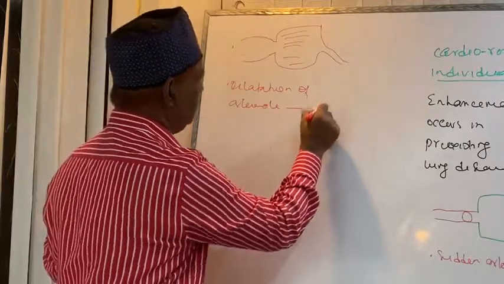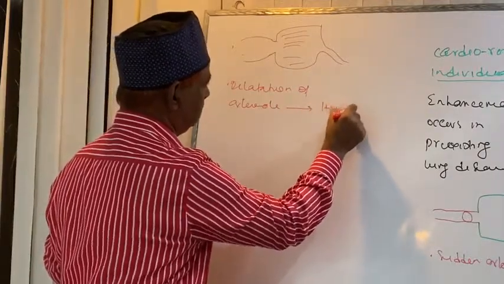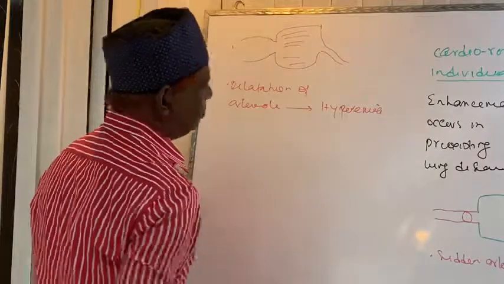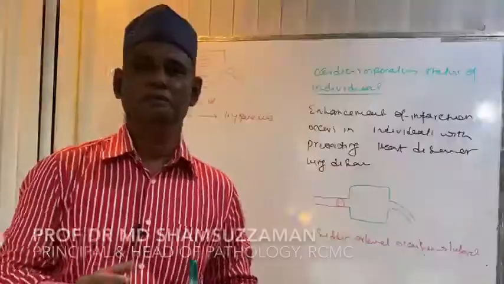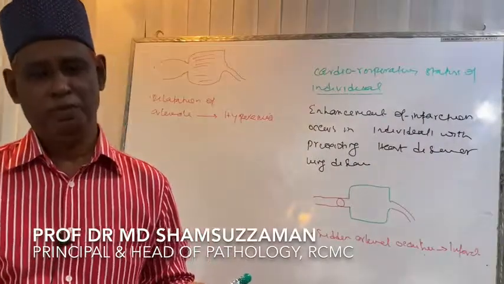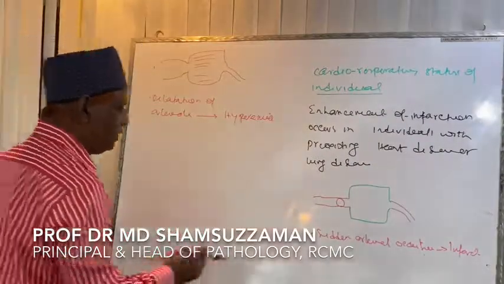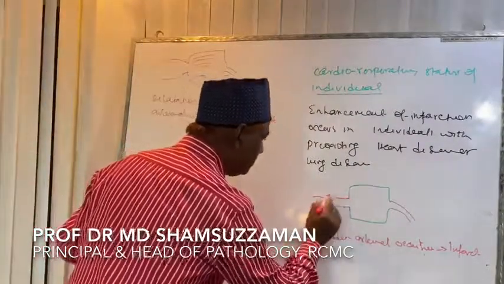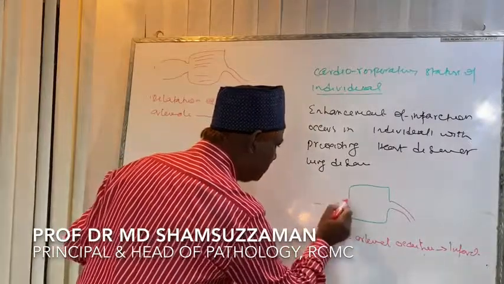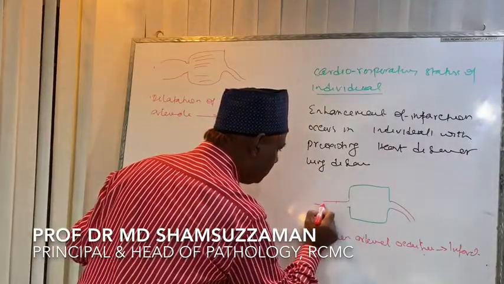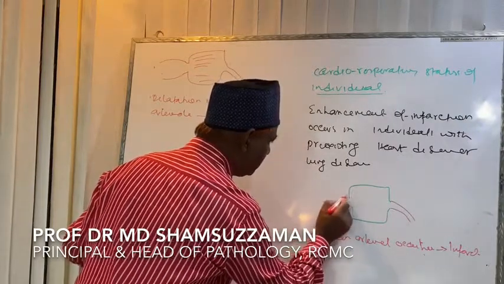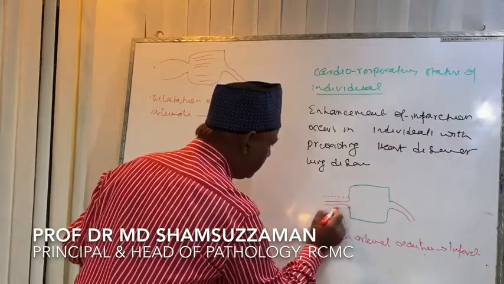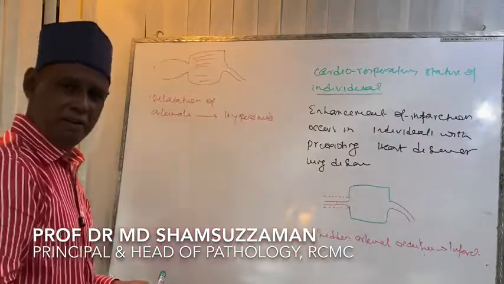Dear audience, if there is dilatation of the arteriole, what will happen? If this is the tissue and this is the venule. If sudden occlusion, it will lead to infarct. If dilatation, what will happen?